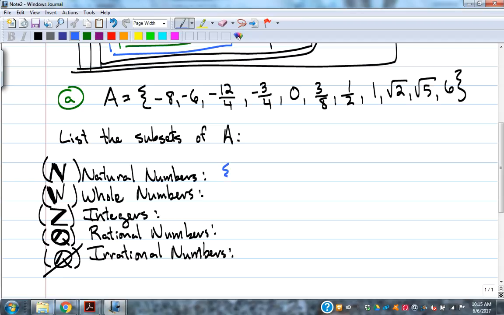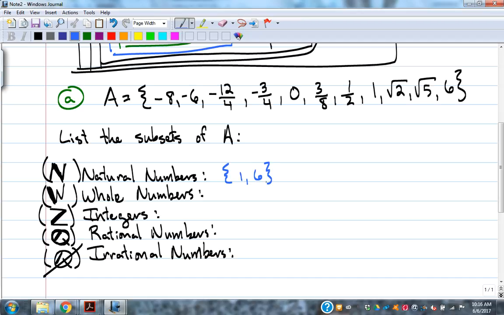So natural numbers, that's the numbers 1, 2, 3, 4, 5, 6, that sort of thing. Natural numbers are only positive, so we don't have to look at any of these on the left side here. They're out because they're negative. Natural numbers don't include 0, so the 0's out. So I'm looking from 3/8 up. What are the natural numbers that are listed in our set? 1 and 6. That's it, 1 and 6.